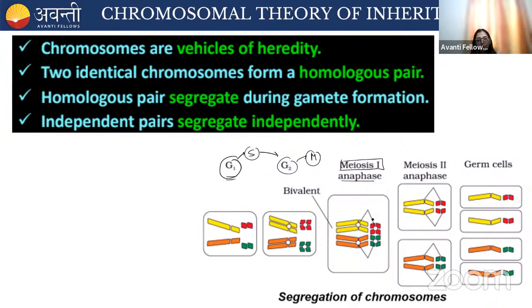The pair of homologous chromosomes get separated. So in meiosis 1 anaphase, the homologous pairs get separated. In meiosis 2 anaphase, the sister chromatids get separated. So we are getting 4 haploid daughter cells. So as the chromosomes get separated during gamete formation, the genes which are present on the chromosome also get segregated. So this is the chromosomal theory of inheritance.